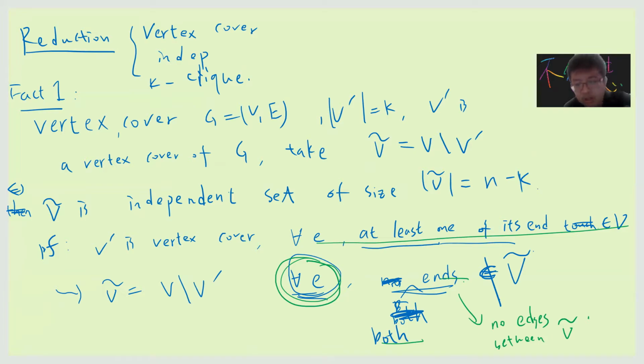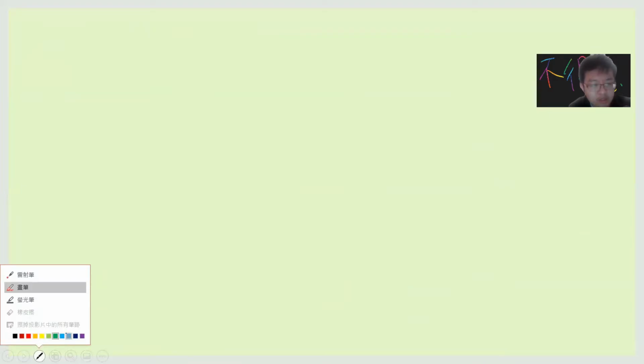You can check this by yourself. Probably it's not difficult, but the proof is just what I say: you write everything down and try to understand the logic. Hopefully it's okay. So let's consider another one, which is the independent set and the k-clique.